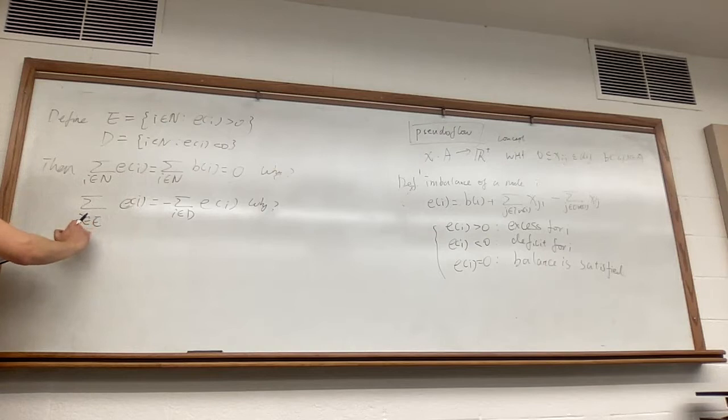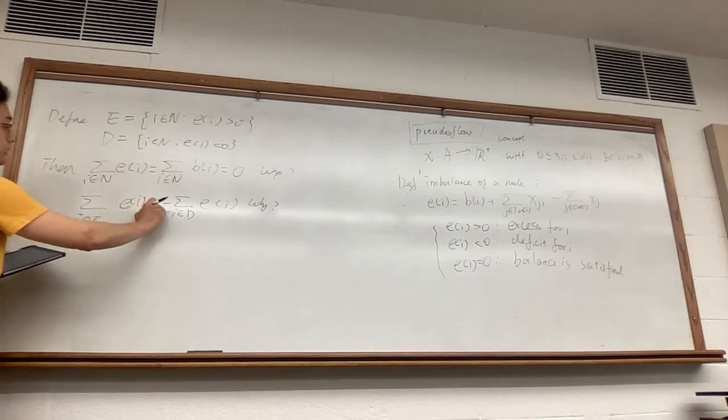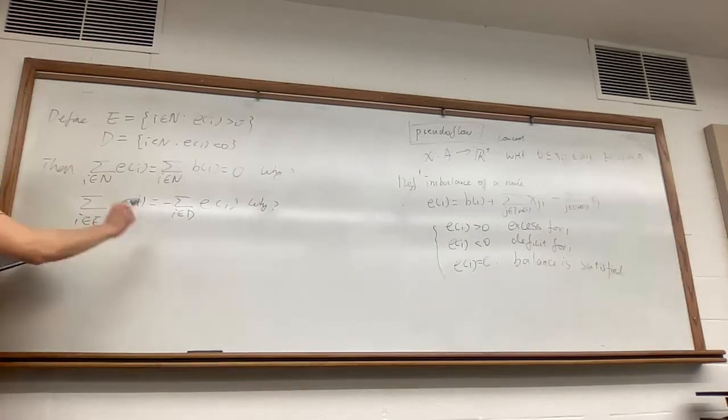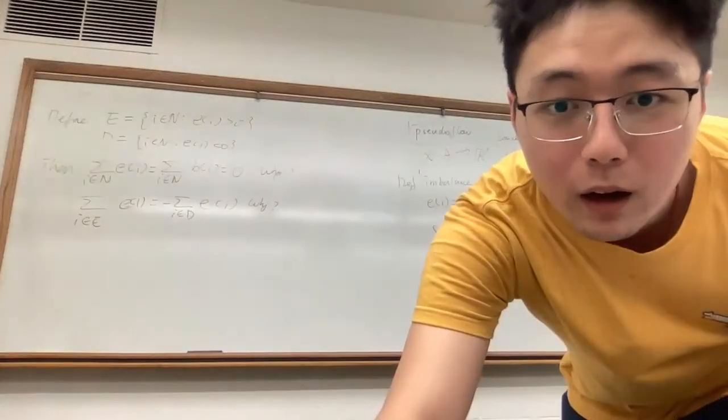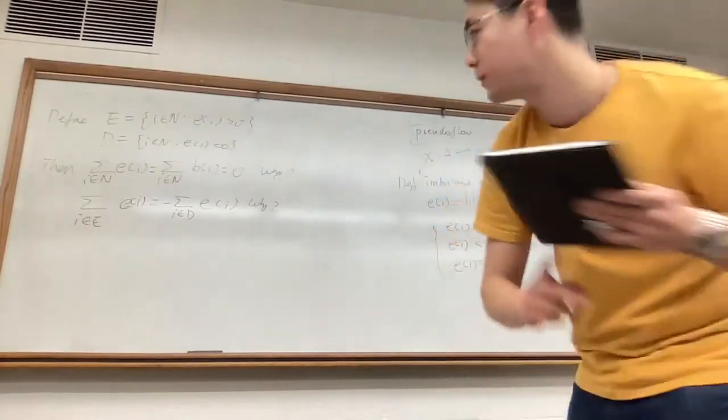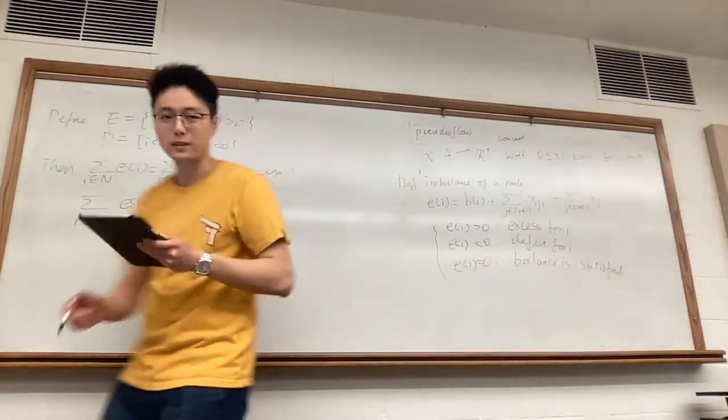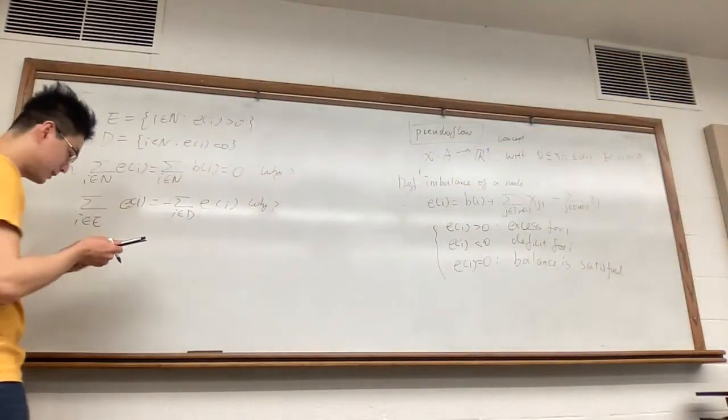For all the remaining nodes where e(i) is not 0, it is either excess or deficit, and their summation is 0. So for all the nodes in the excess set, their summation is equal to the negative of the summation of the deficit nodes. Okay, whatever. Seems that the network is not stable here.